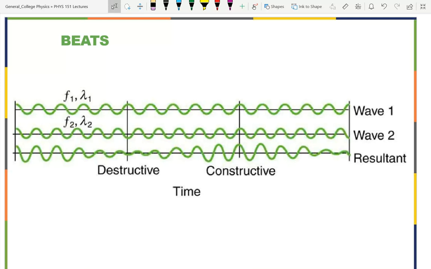It turns out that the beat frequency, the frequency at which you hear it getting louder and softer, is the absolute value of the difference in the frequencies. So that has a beat frequency of about 1 hertz. And so that means that the frequency difference between these is 1 hertz. This is something that piano tuners use to tune the piano strings.